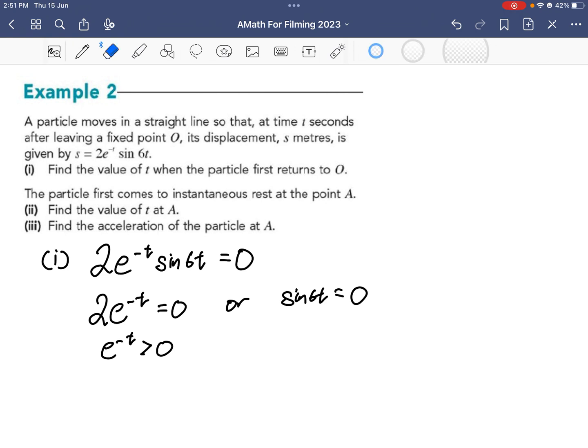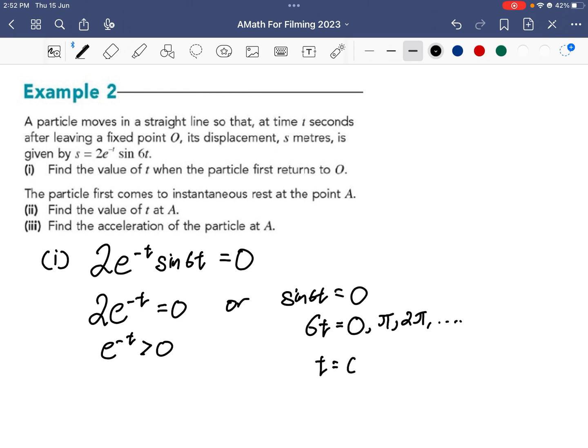So I have nothing here to solve. What I'm going to solve here is this portion, sine 6t. The sine graph is equal to 0 at 0, pi, 2 pi, and so on. So t is 0 divided by 6, which is 0, pi over 6 seconds, pi over 3 seconds, etc.